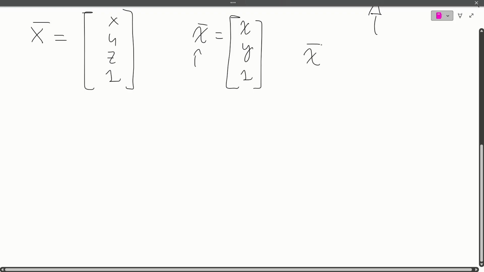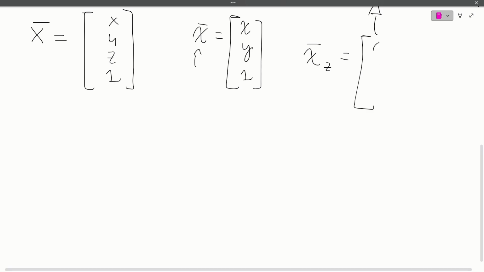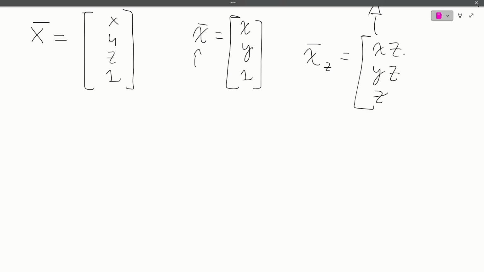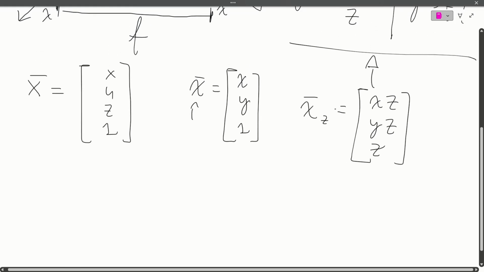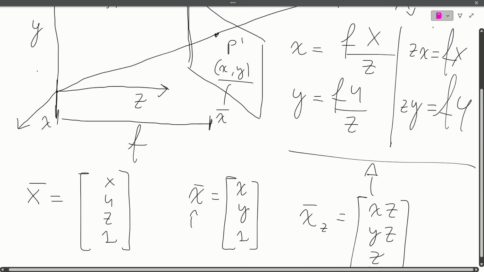I will use this vector: X multiplied by z, y multiplied by z, and z. It's basically this multiplied by z. And it's useful because we want to use this.